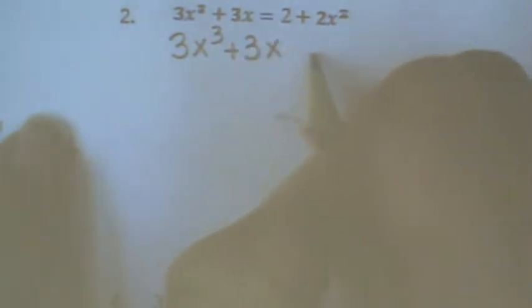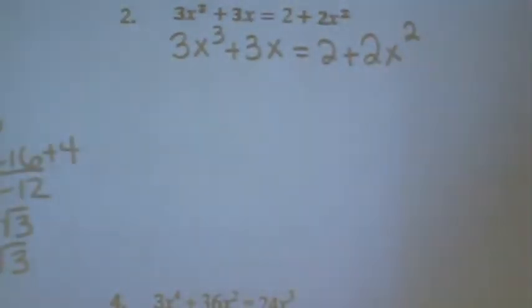Number 2. I believe this problem says 3x cubed plus 3x equals 2 plus 2x squared.